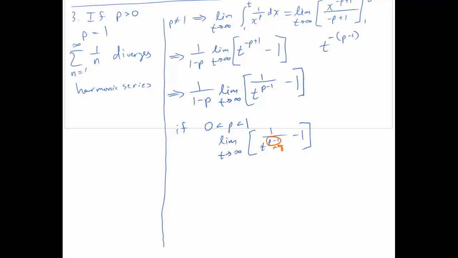So you have t to a negative number in the denominator, which is the same as t to a positive number in the numerator. As we let t approach infinity, that whole term will go to infinity. So this limit approaches infinity, and so it diverges.